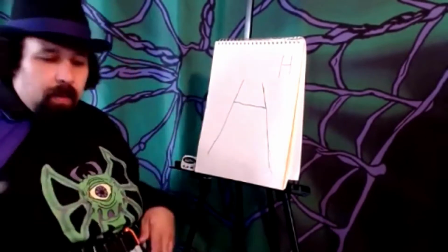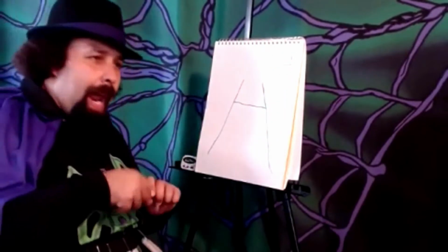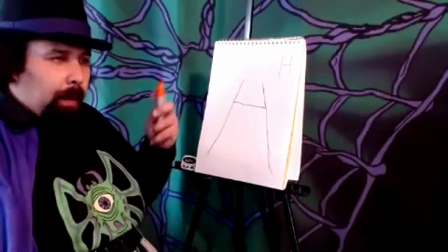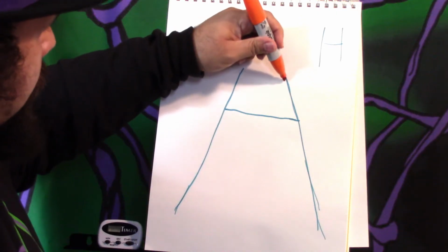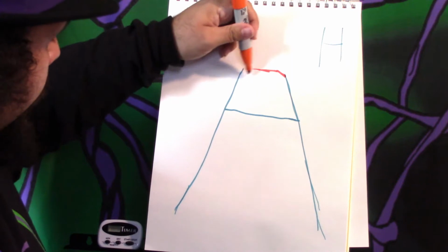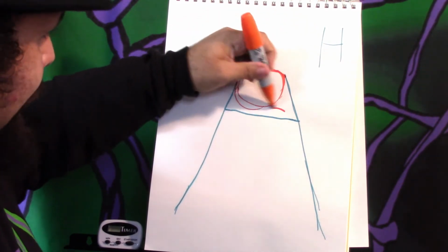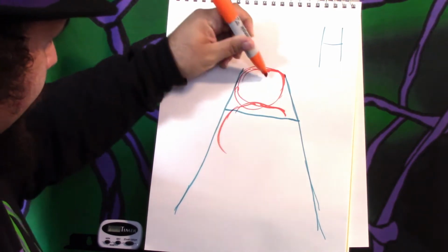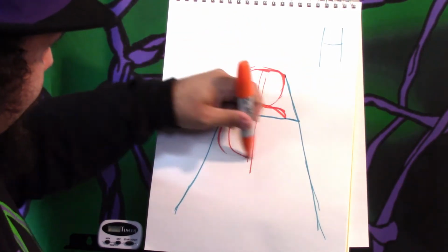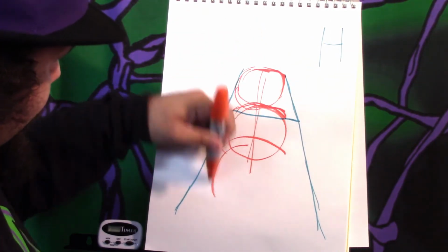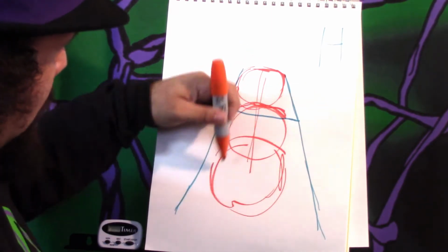So within that H, we create our squonk. And we go right back to the old understructure. This time, instead of walking on all fours, how about we make the squonk stand up and really get monstrous? So there we go. Almost looks like we're building a snowman, right?